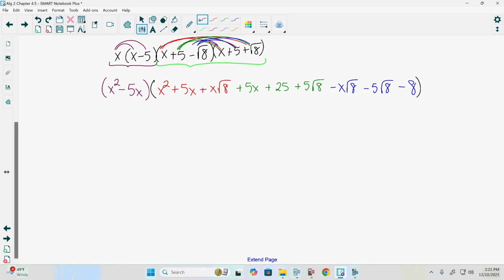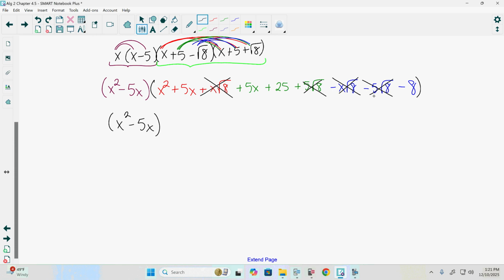Now, x squared minus 5 is as simplified as it gets because neither one of those are like terms. x square root of 8 and negative x square root of 8 will cancel. 5 square root of 8 and negative 5 square root of 8 cancel.